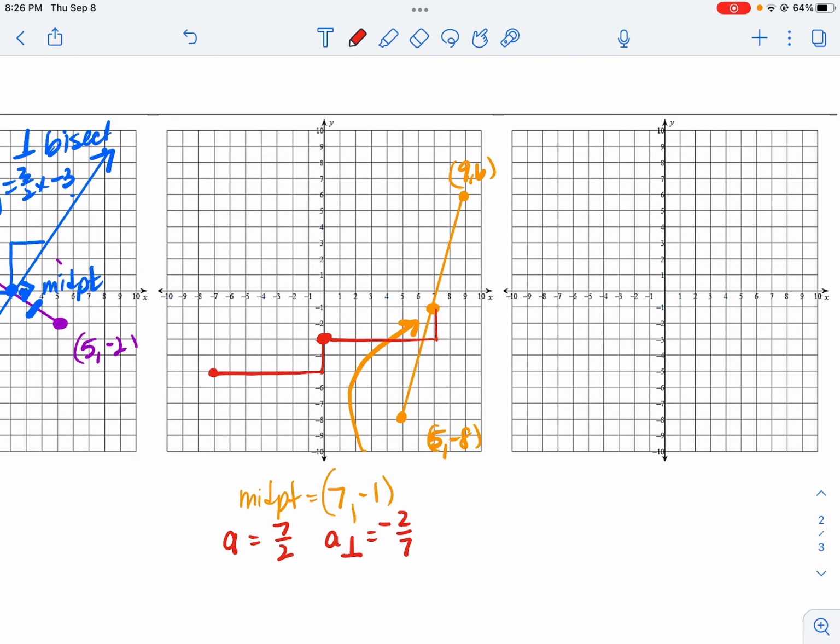Oh, because I went left. Somebody stop me. We can't go right 7, so we have to go up 2. I can either go down and right, which I can't do, so I'm going to go up and left. So up 2, right 7, up 2, right 7.